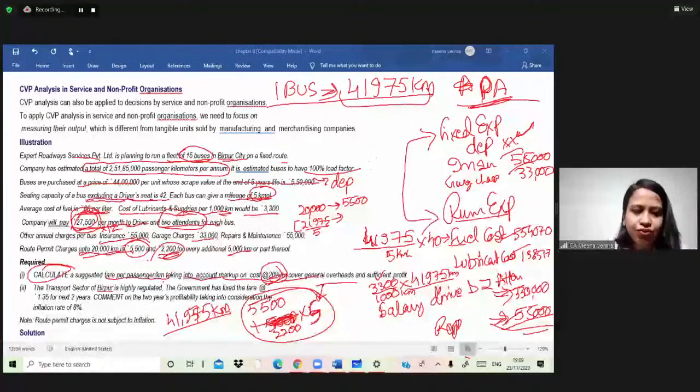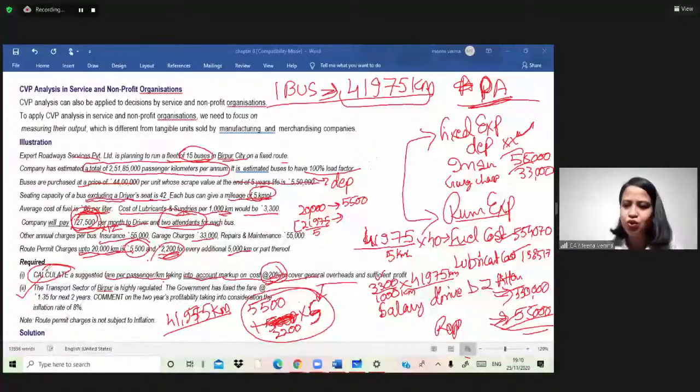From one bus, per annum, we have calculated this for each bus. So this is the total revenue the organization is earning from each bus. Now, what is the second requirement of the question? I hope it is clear to all of you. Tell me the total value quickly.